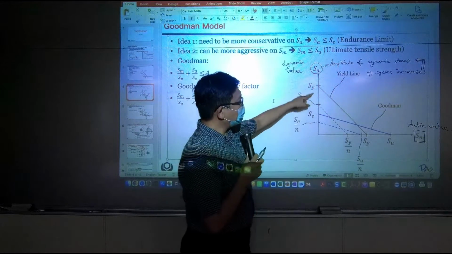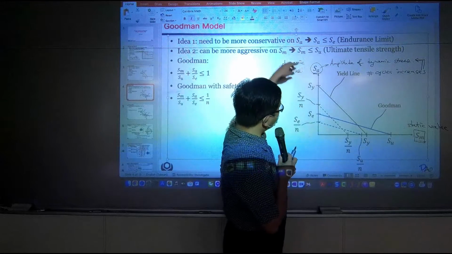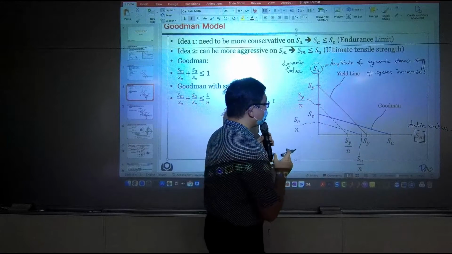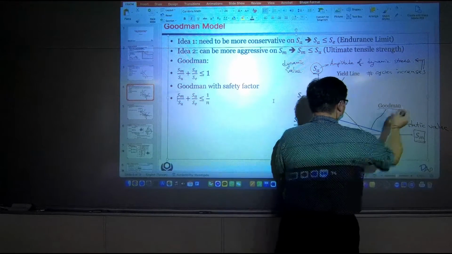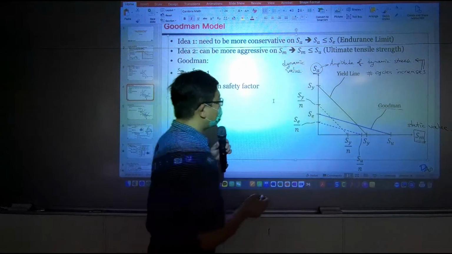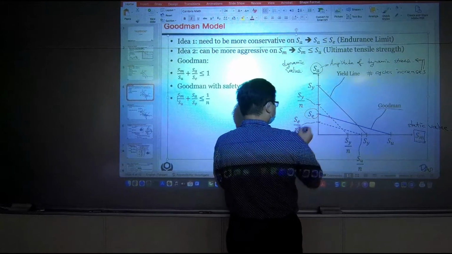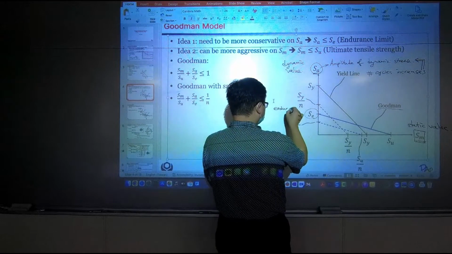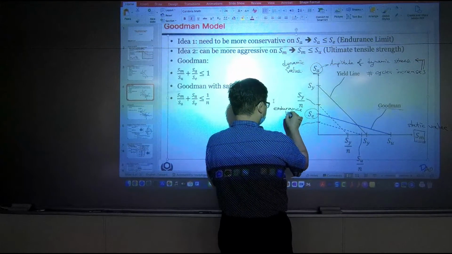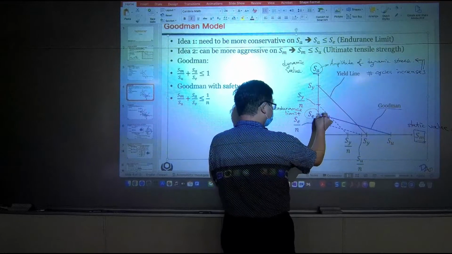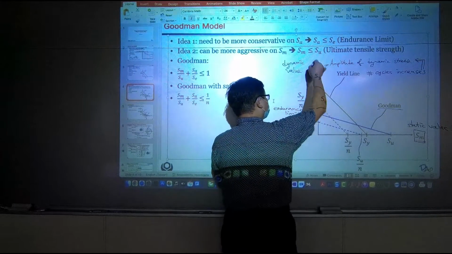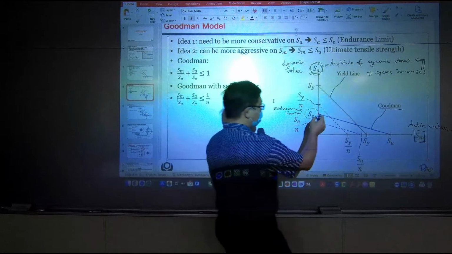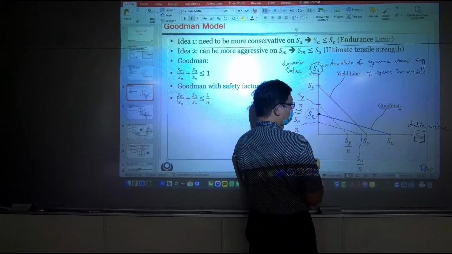And as your cycle time increases, the strength drops. That's why in the model of Goodman, he believes that you have to use the endurance limit as your upper limit for dynamic loading, for the amplitude of your stress. That's why he draws this line from here.